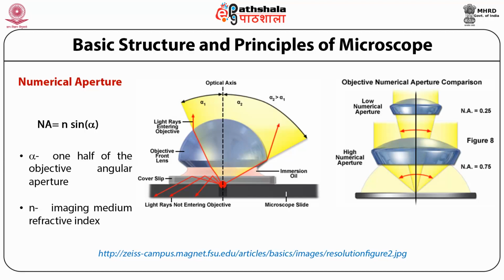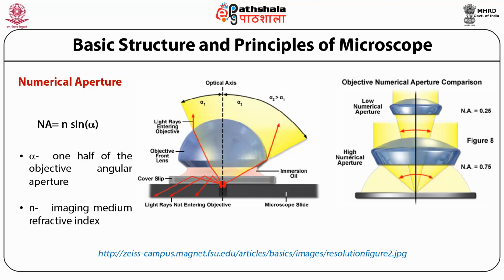That's why in higher objectives we prefer to use immersion oil instead of air, which has a very poor refractive index. Thereby a lot of diffraction happens, and instead of concentrating the signal back to the objective lens, the signal tends to spread out, and that affects the angle through which this light can enter the optical axis.